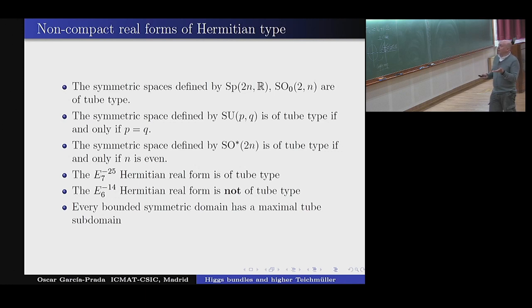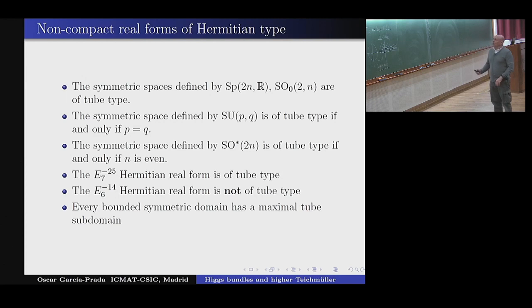Of the two exceptional domains, the E7 one is of tube type, and the E6 one is not. But what is also important is that every non-tube type domain always admits a tube type subdomain. So for certain aspects, the whole theory can be reduced to the tube situation, okay?